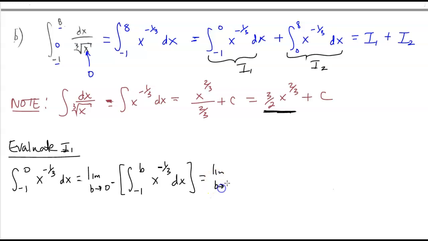Right, so limit as b approaches 0 from the left again. And so here we know that the antiderivative of x raised to the -1/3 will end up being 3 over 2 x raised to the 2/3, and this will be evaluated from -1 to b.